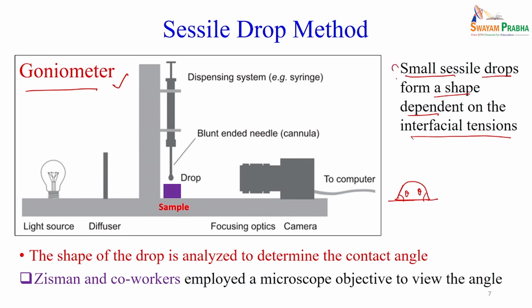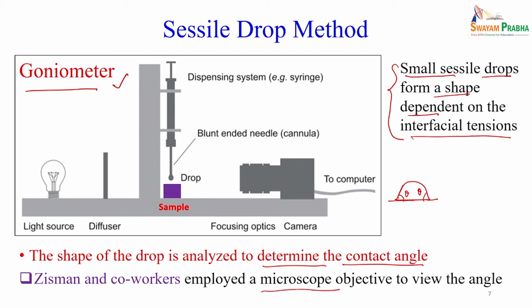If you have a small drop, we neglect the effect of gravitational forces, and once the camera has recorded the image or the shape of the drop, we can analyze this shape to determine the contact angle.